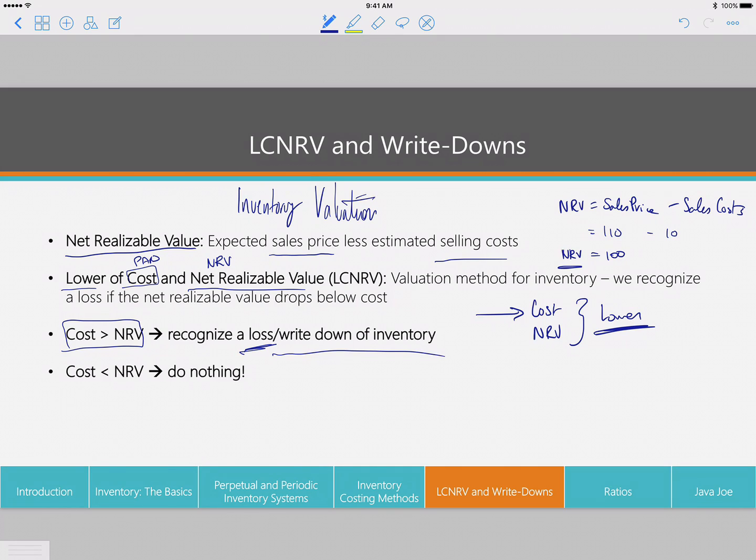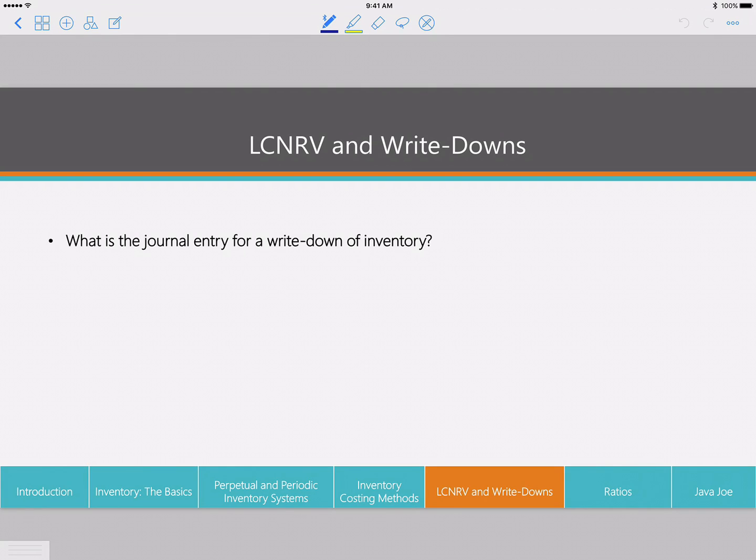So how do we actually recognize the loss? Well, there's a special journal entry. What we do is we first of all debit cost of goods sold, meaning we recognize the expense right away. We don't wait till we sell it. Right away, we're going to debit COGS the difference.